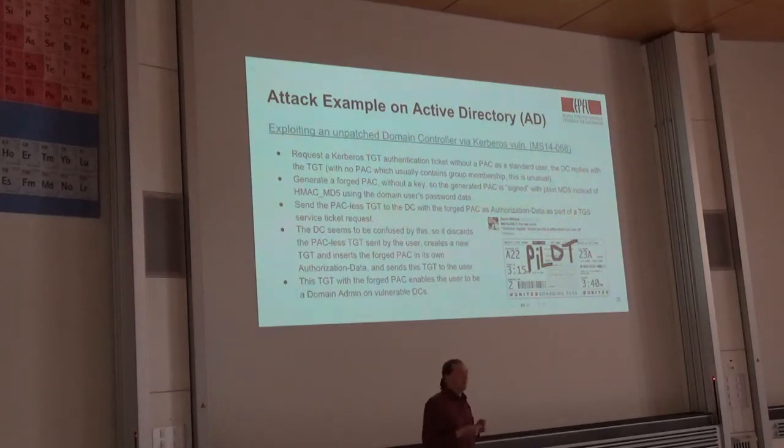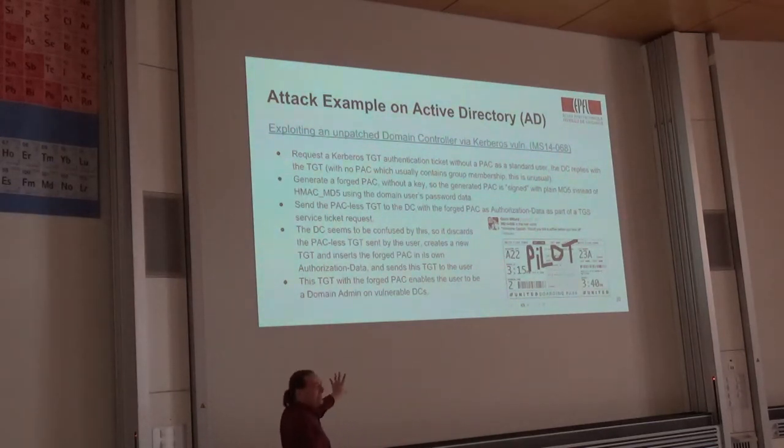Would you like a coffee before you take off?" So that's the equivalent of what this attack was doing, which was actually effective against a version of Active Directory some years ago.